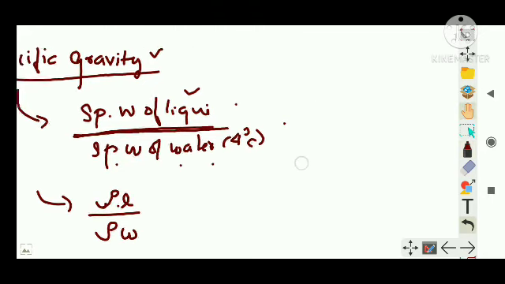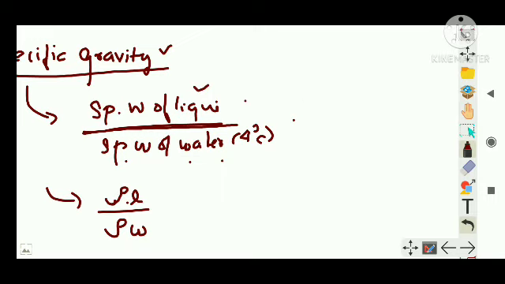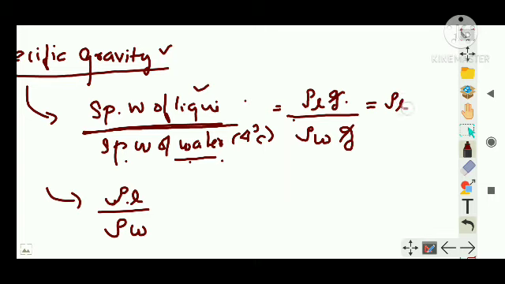So we just found the specific weight of any object is equal to the density of that object into acceleration due to gravity. So for a liquid, it is density of liquid into g. Then the specific weight of water can also be written as density of water into g. g cancels, so I can say density of liquid by density of water.